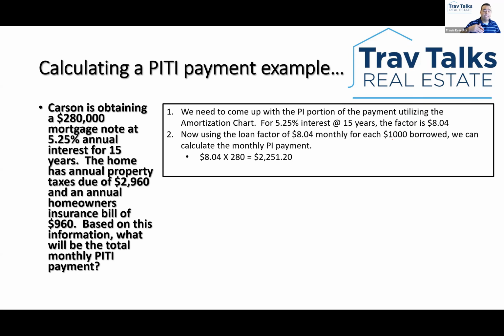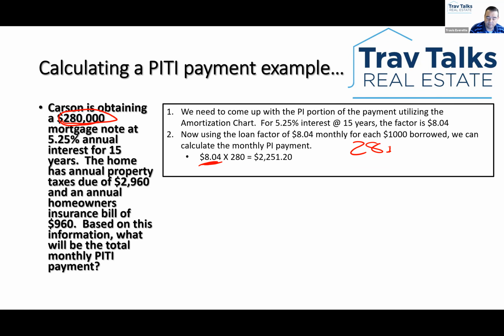Now, let's turn that into a payment. Did they tell us how much we're borrowing? They just gave it to us. They said we're borrowing what? $280,000. So to calculate my payment, it's always going to be my loan factor of 8.04 times 280,000.